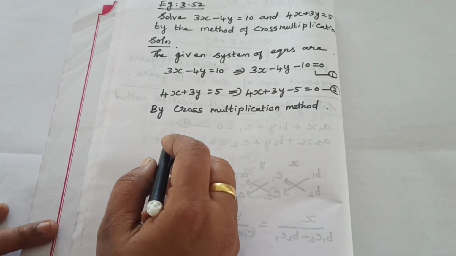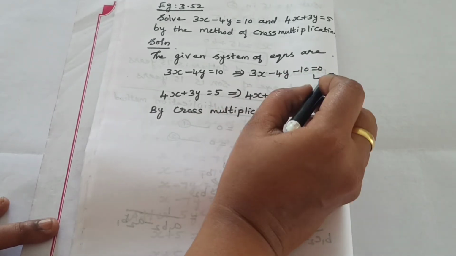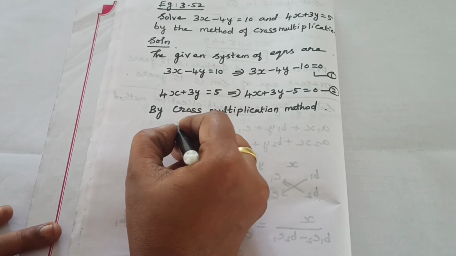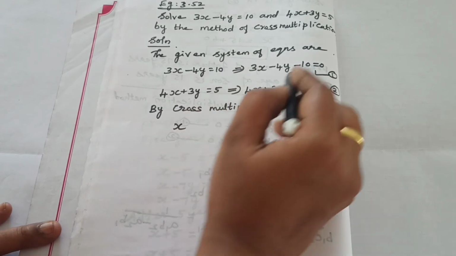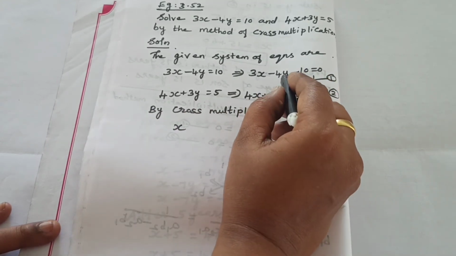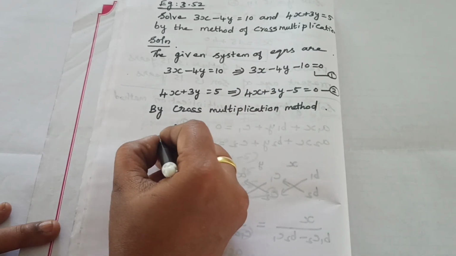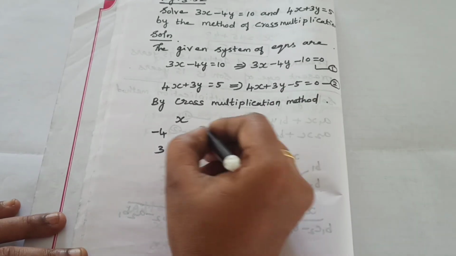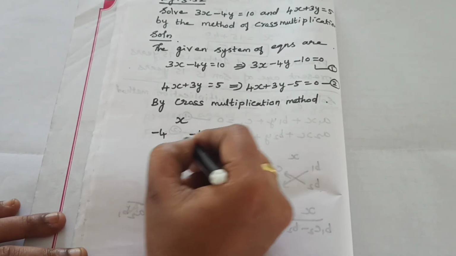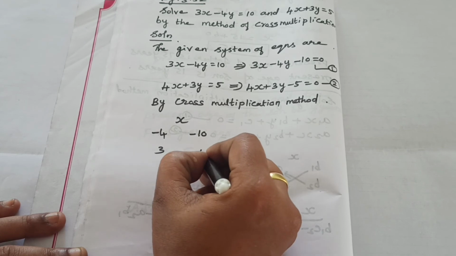Okay, then how can we write it? This is equation number 1, this is equation number 2. First we write the y coefficients: minus 4, 3. Next the constant terms: minus 10, leaving some space, minus 5.